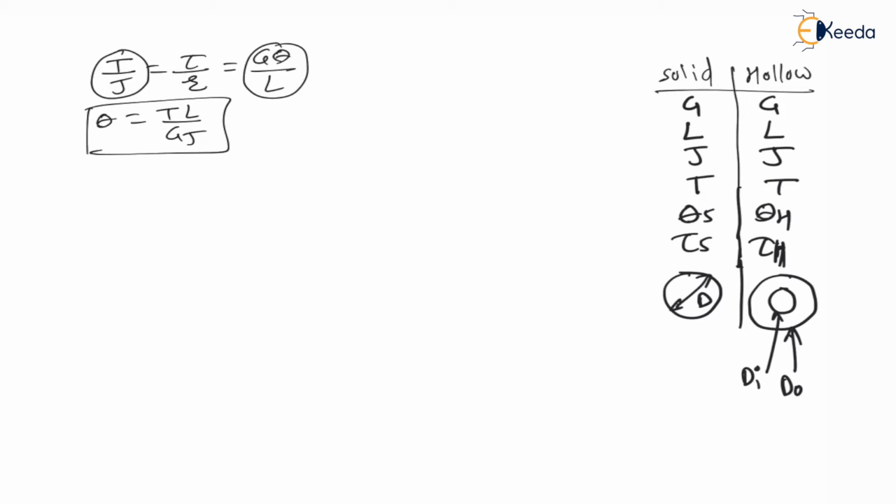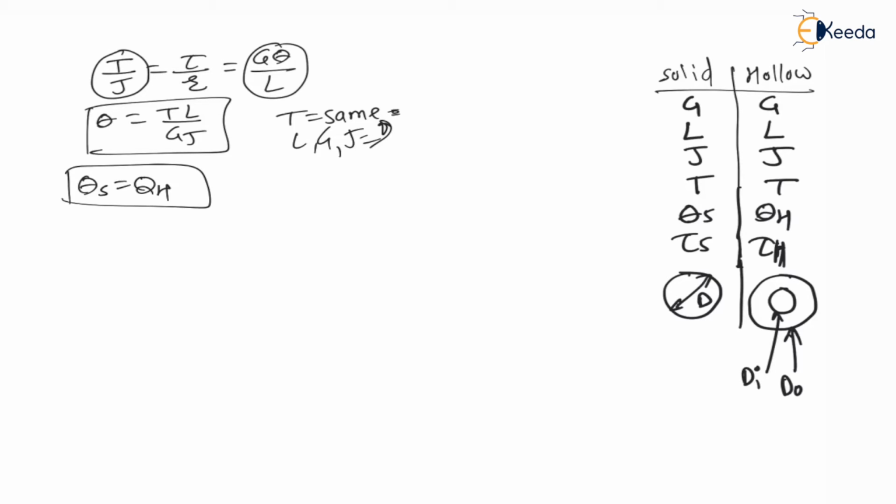Now here torque is same, length is also same, G is also same, and J is also same. Therefore theta will be same, that is theta of solid shaft is equal to theta of hollow shaft. This is the first relation.